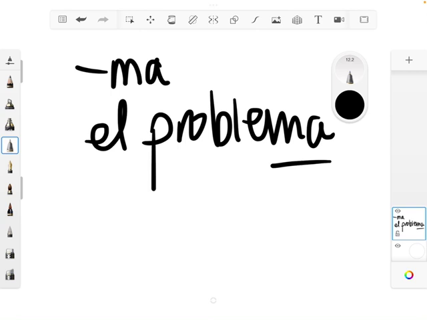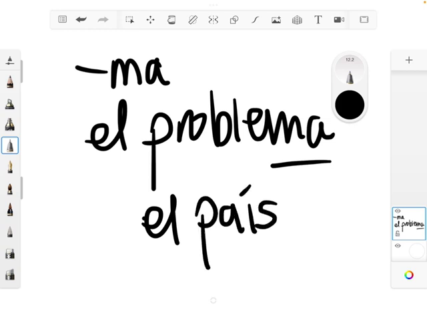Okay, so we also have, because above those, we have words that end in O, and it's pretty easy when you see a word that ends in O to assume that it's masculine. We also have words like el país, where it ends in that S. So we know that it's going to be masculine.